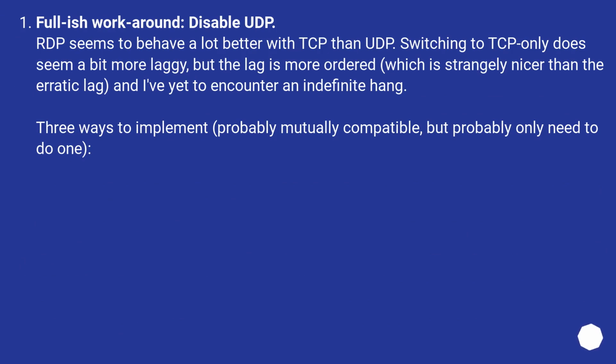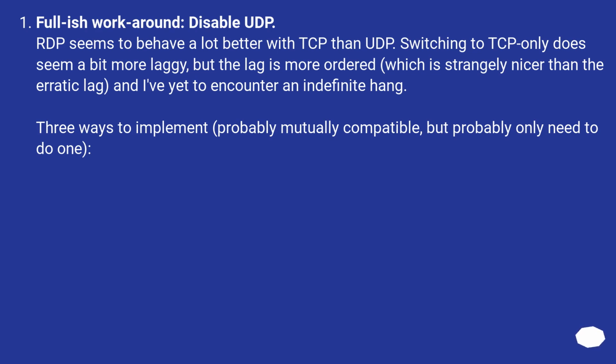Full-ish workaround: disable UDP. RDP seems to behave a lot better with TCP than UDP. Switching to TCP only does seem a bit more laggy, but the lag is more ordered, which is strangely nicer than the erratic lag, and I've yet to encounter an indefinite hang.